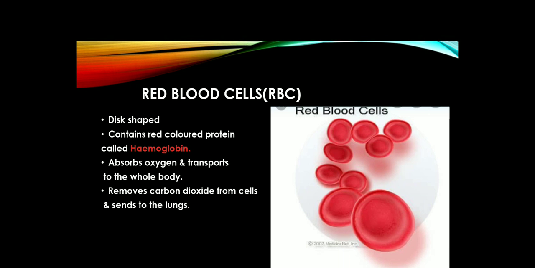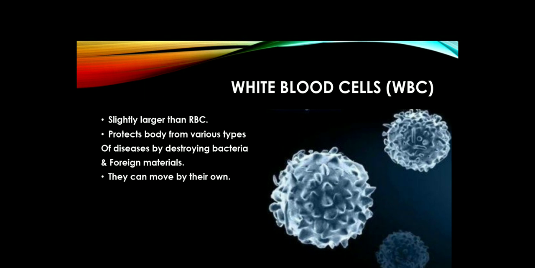Okay. Next is the white blood cell. They are slightly larger than the RBC, meaning red blood cell. The main function of white blood cell is to fight against different kinds of diseases. See, we are exposed to nature.